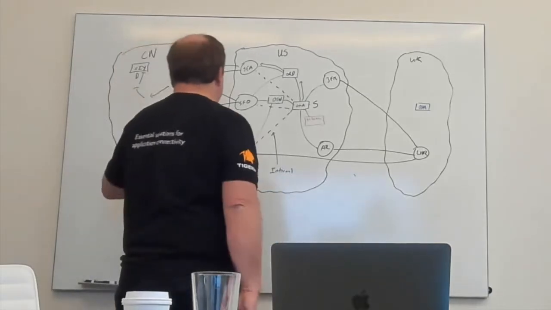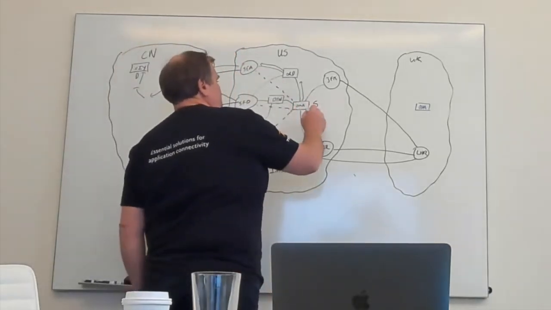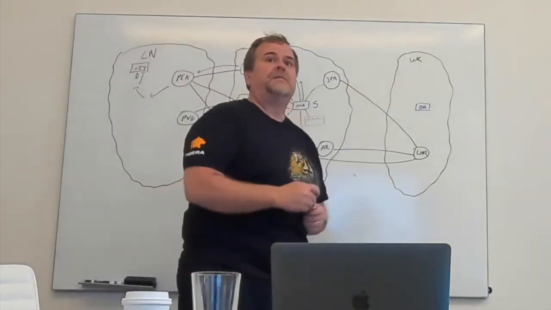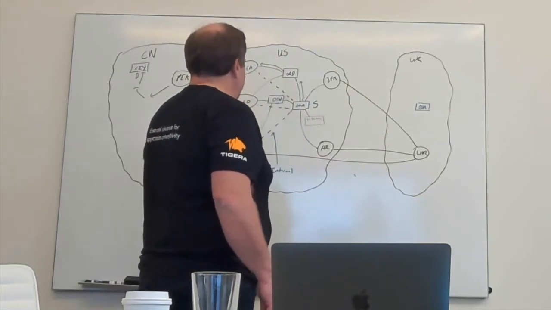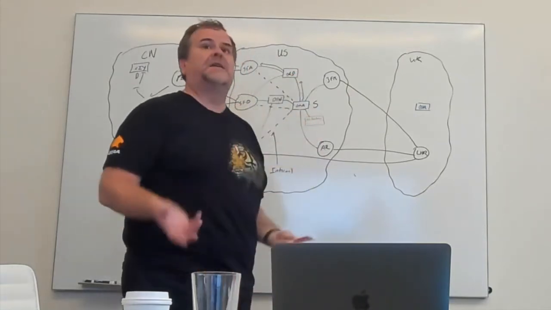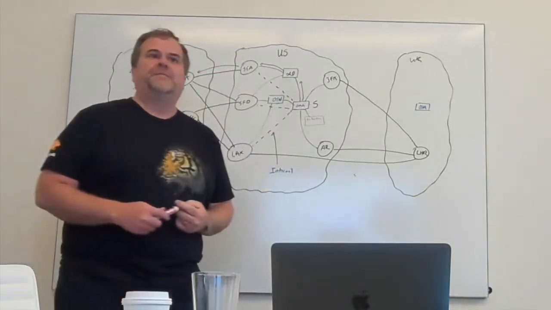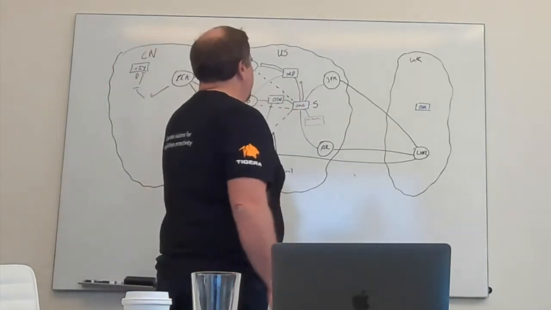In that case, what we might do is have Omaha say that it knows how to get to both China and the UK. So now, instead of Valentine seeing Seattle, San Francisco, LA, JFK, Atlanta as the gateways, Valentine's going to see Omaha as the gateway for everything. And then Omaha, in turn, will figure out which gateway to send it to.